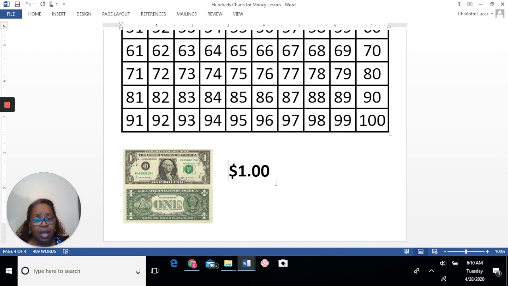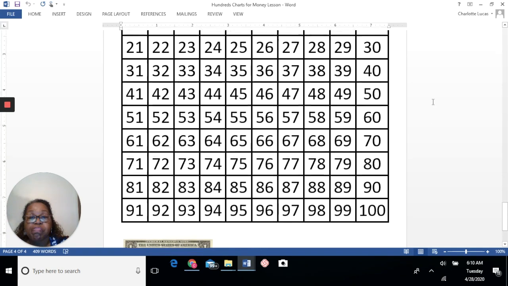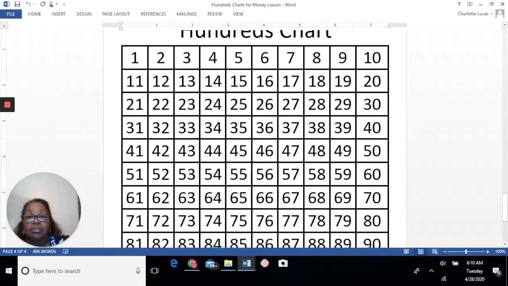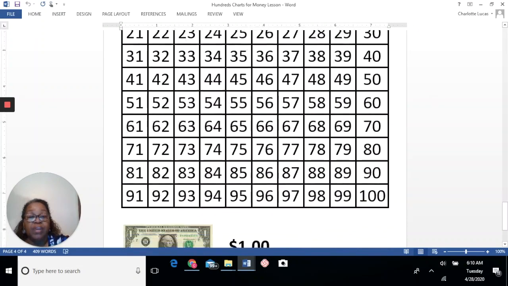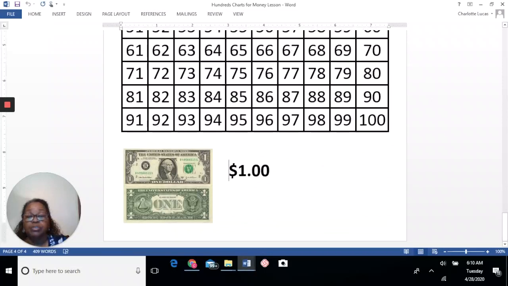You don't have a whole dollar until you have 100 cents. And this chart is sequenced in ones. You could also skip count by fives and tens in order to help get your answer.